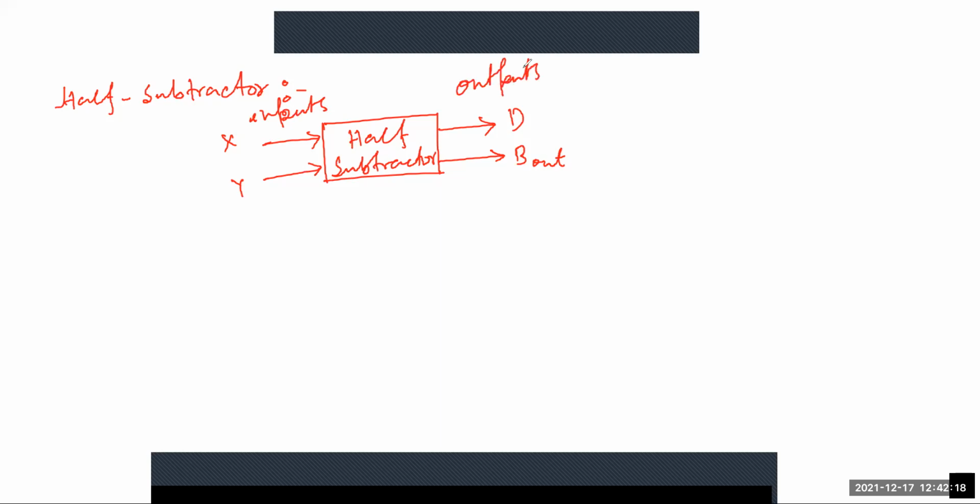It has 2 inputs, x and y, where x is the minuend and y is the subtrahend, and 2 outputs: D is for the difference, and B out is for the borrow out.